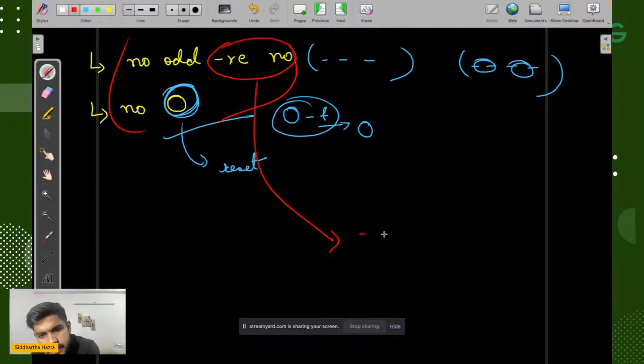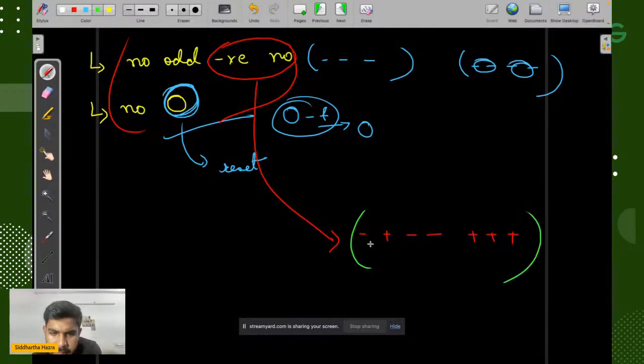Suppose this is negative, this is positive, this is negative, negative, and this is positive, positive again, and suppose this is positive. Suppose we have this kind of thing. Then the number of negatives is odd: 1, 2, 3. Fair enough, and this is disrupting the answer.